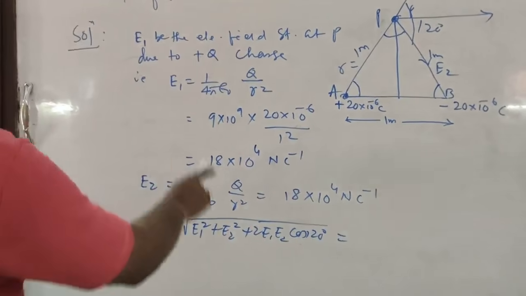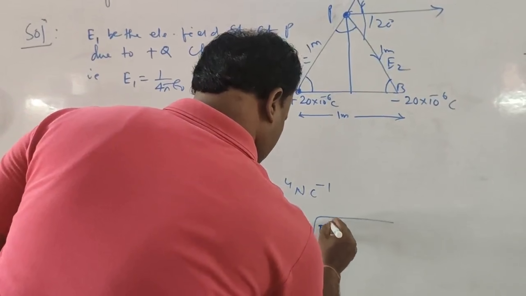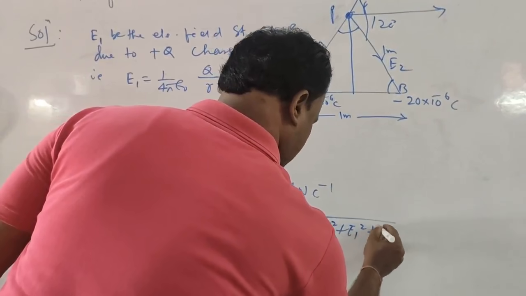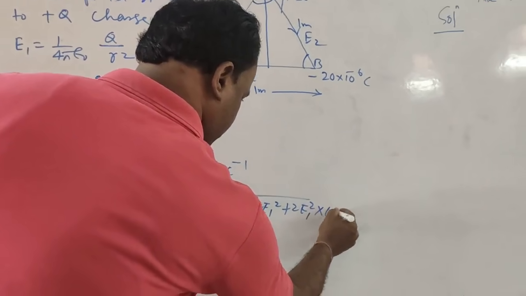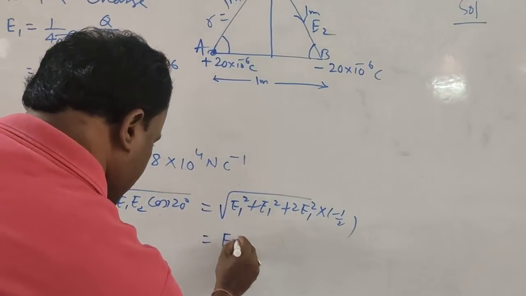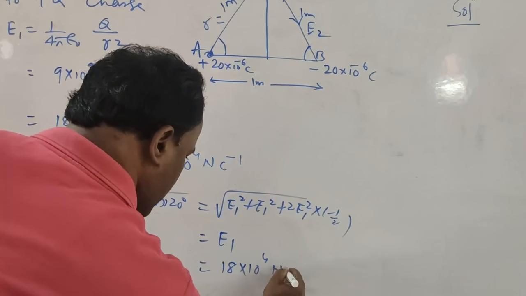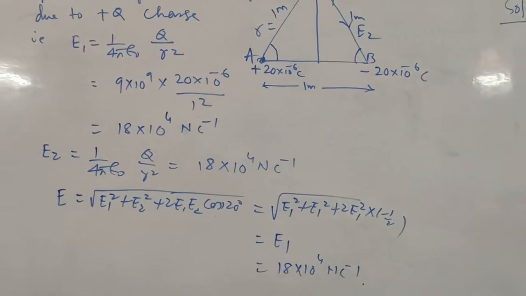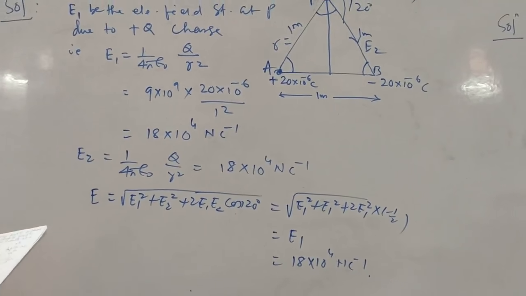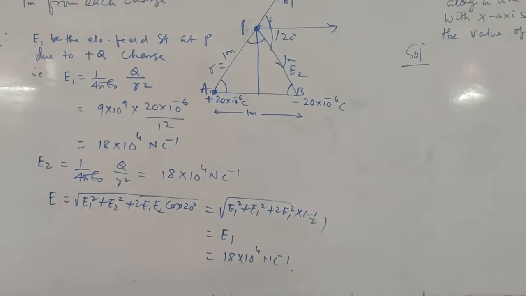The magnitude of E1 is equal to E2, so E1 square plus E1 square plus 2 E1 square multiplied by minus half. So it will simply be E1, and the result will be 18 × 10⁴ Newton per coulomb. Clear? The answer will be 18 × 10⁴ Newton per coulomb. Clear?